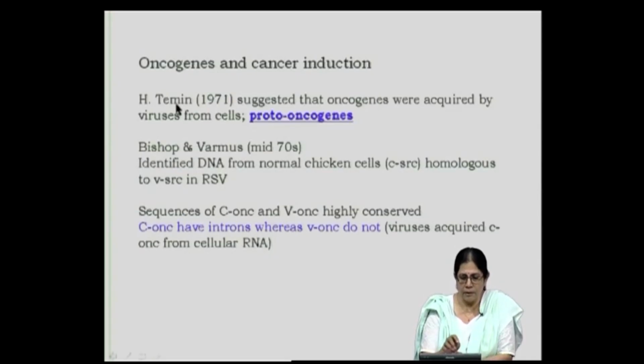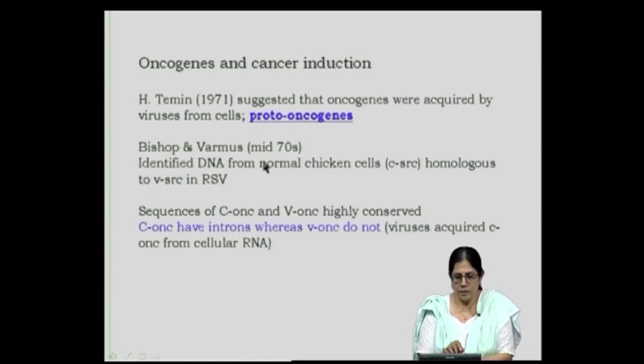Temin said that these viruses, when they infect, have picked up these genes from normal cells, and he called them proto-oncogenes. That means genes in the form where they are not yet oncogenes, the precursors of oncogenes, proto-oncogenes.